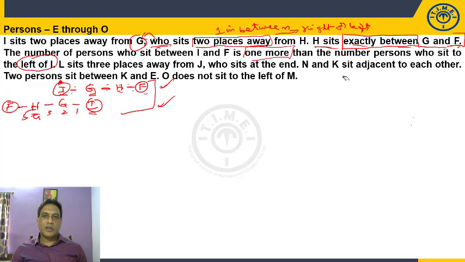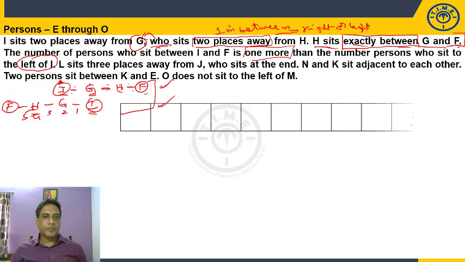Okay, now let us make the arrangement. So this is first, second, third, fourth, fifth, sixth, seventh, eighth, ninth, 10th and 11th positions. I should be fifth from the left hand, so I should be here.